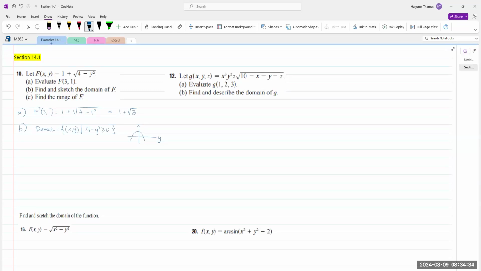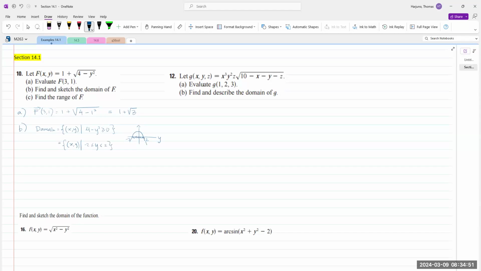So it must be from negative 2 to 2. So we can say that the domain is all (x, y) where y is between negative 2 and 2.